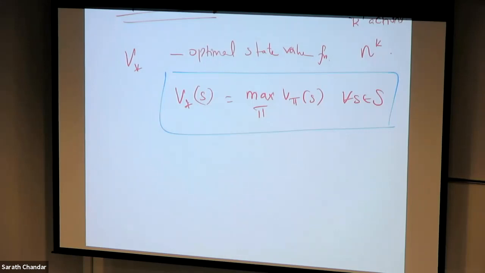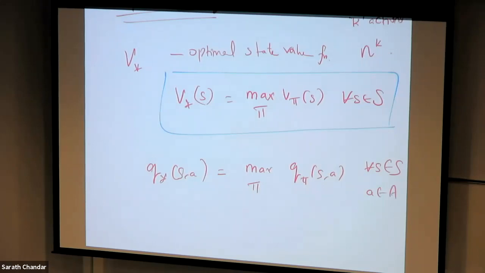Similarly, we can construct Q star of s comma a, the optimal Q function, which is max over pi of Q pi of s comma a, for all s belonging to S and a belonging to capital A.